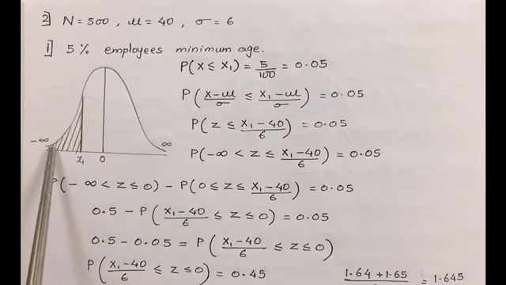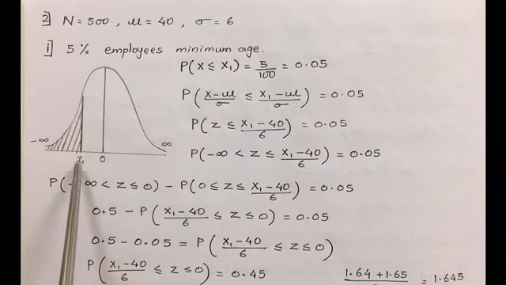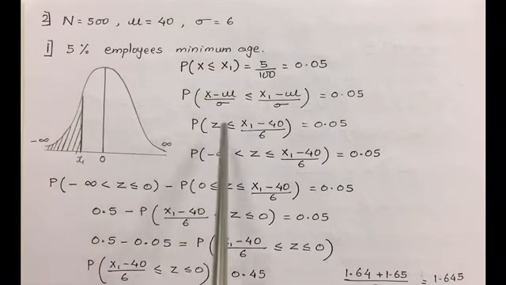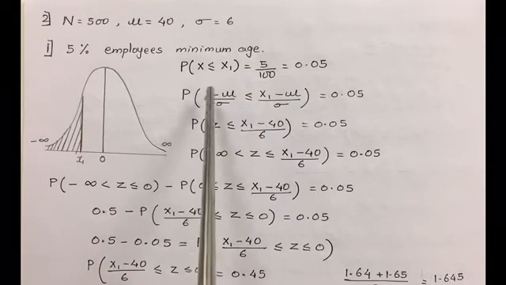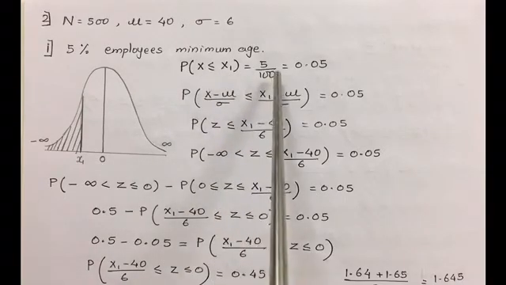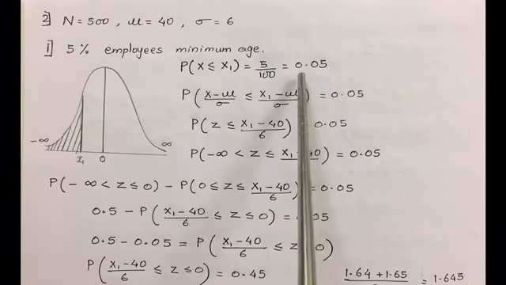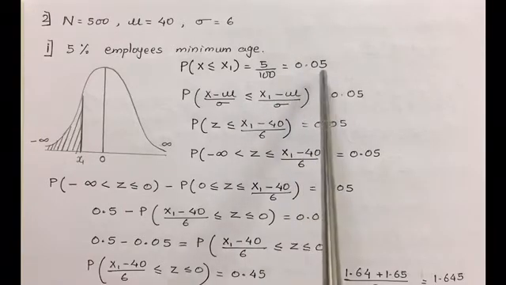So here the area shaded becomes the x part and the vertical line is x1, which is to be calculated. So x is less than or equal to x1, that is the 5% employees given. So 5 divided by 100 makes it 0.05.